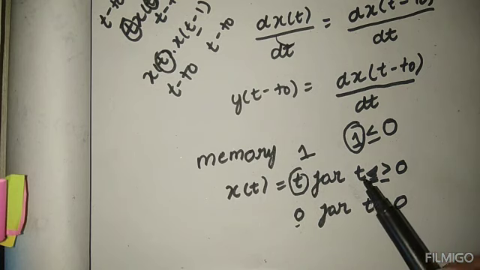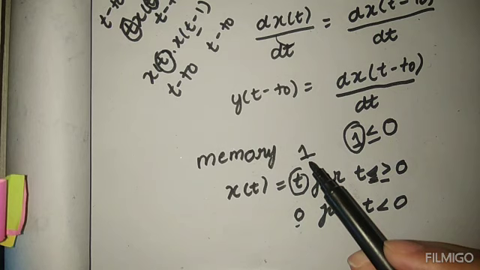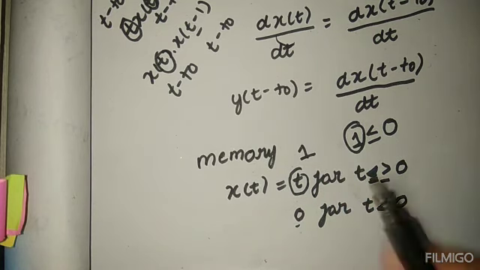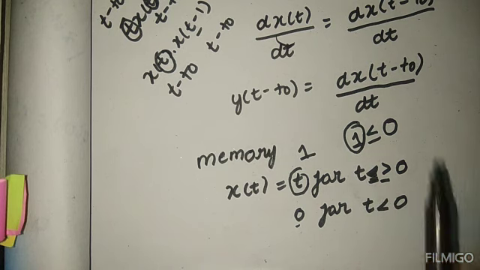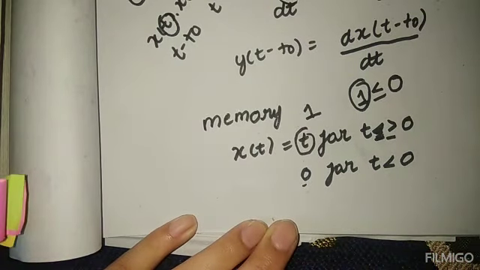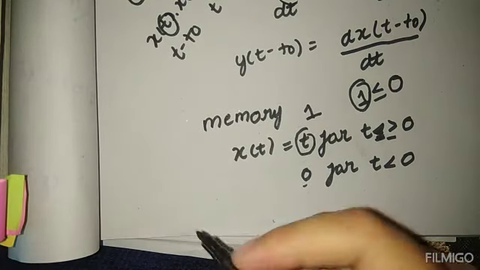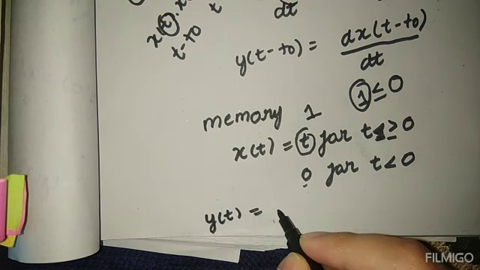Whatever t you consider, if that t value is greater than or equal to 0, then he says that the amplitude would be the t value that you have considered itself. So by this condition you can see that for your y of t, that is equal to dx of t by dt, that is your given question, right?